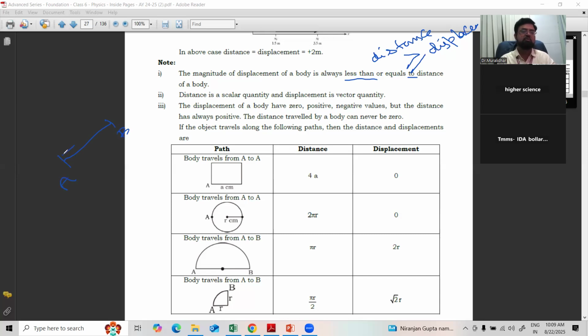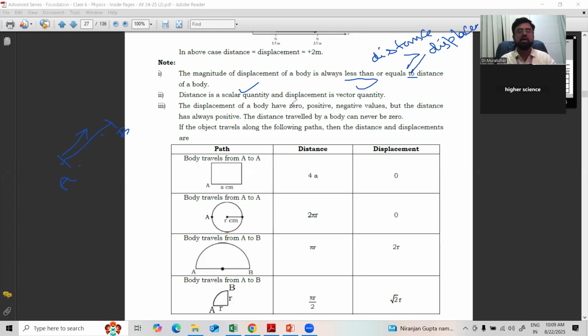When a body goes from A to B in a straight line, distance and displacement are the same. But in all other cases, except a straight line, distance is much greater than displacement. Distance is a scalar quantity and displacement is a vector quantity, because distance does not have any direction, whereas displacement has a specific direction.